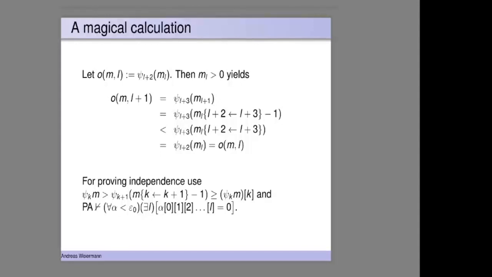Namely, the arithmetic does not prove that for every alpha less than epsilon 0, there exists an l such that stepping down along the standard fundamental sequences, starting with 0, then going over to the fundamental sequence at argument 1, then going to the fundamental sequence at argument 2, etc., hits at some moment l the number 0. This is a true statement because it's a strictly descending sequence of ordinals which has to terminate, but the arithmetic is not able to prove this for every alpha less than epsilon 0.